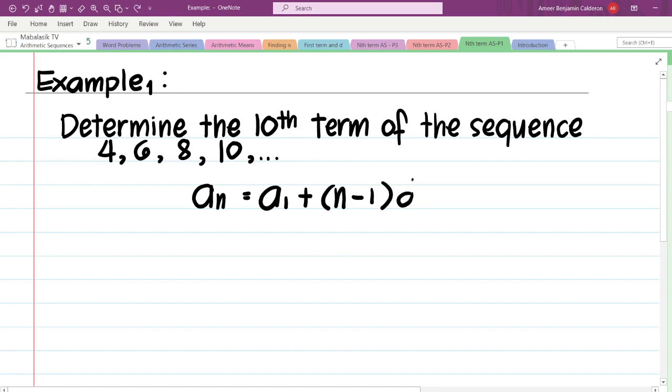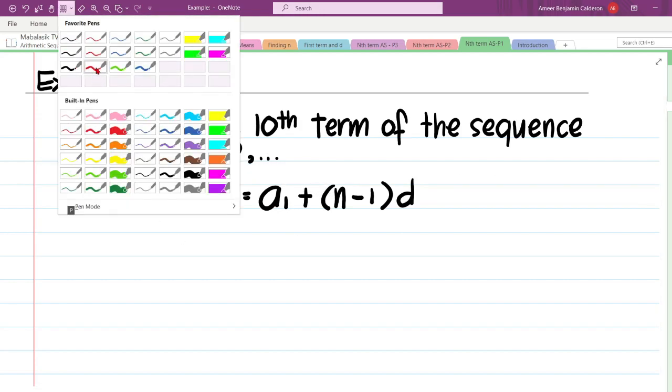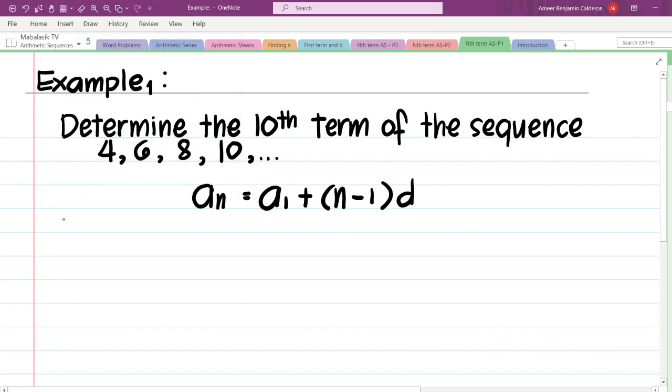And we are going to identify each term in the formula from the given problem. So we have to determine the 10th term. So if we are determining the 10th term, then a sub n is equal to a sub 10 because we are looking for the 10th term.